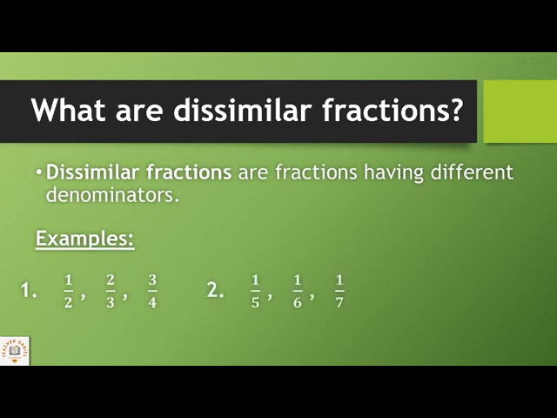Second example, 1/5, 1/6, 1/7. Third example, 5/9, 4/7, 3/5. So as you can see, each example has different denominator.